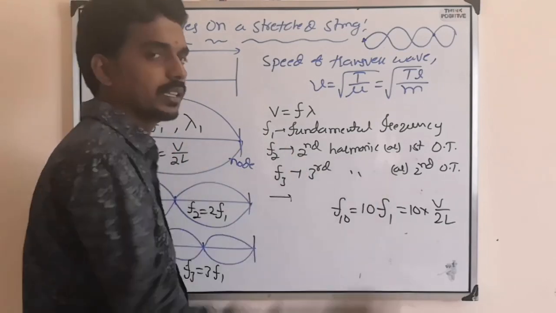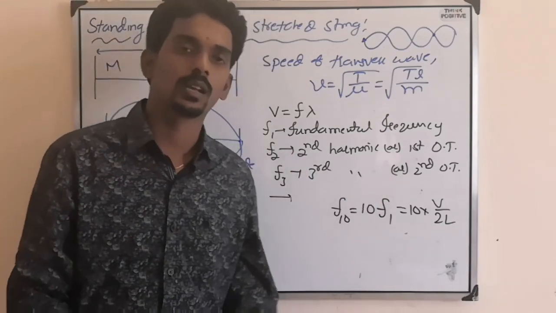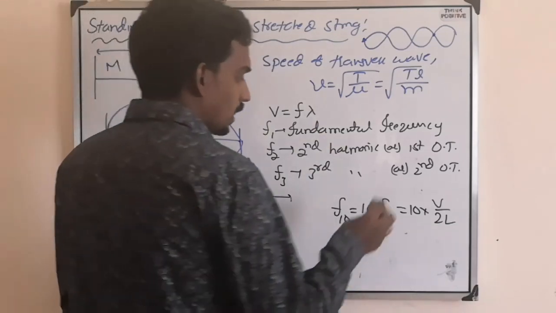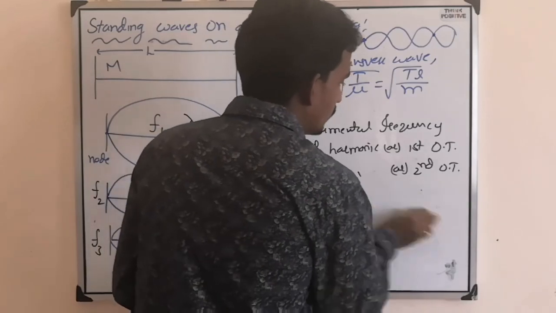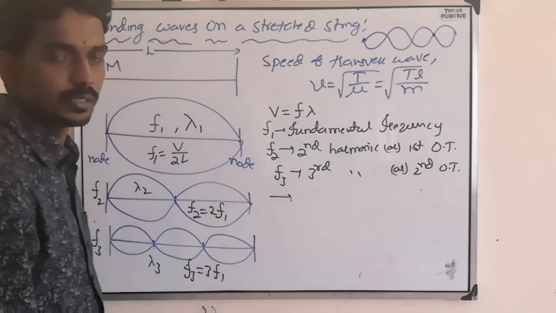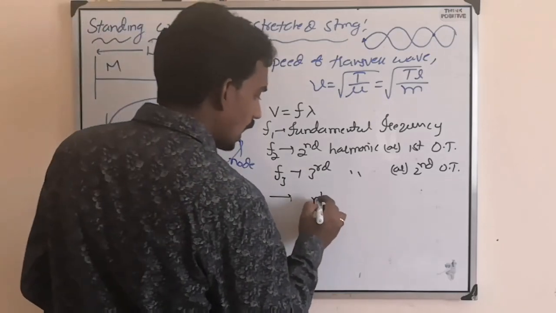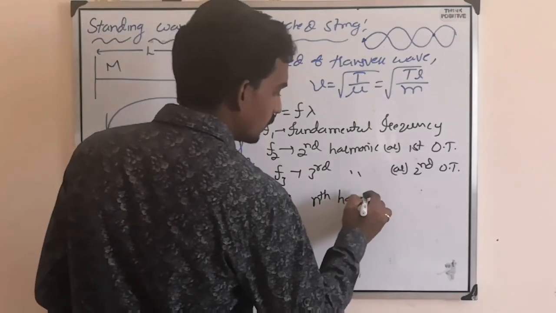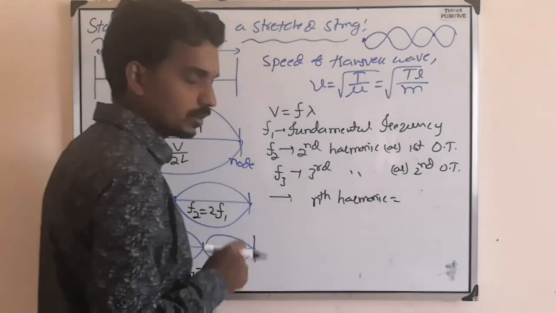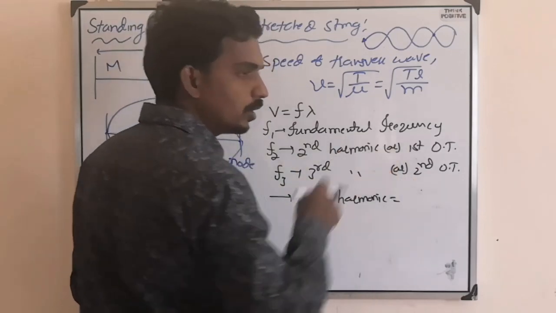They can ask anything: 10th harmonic, 7th harmonic, 100th harmonic. Similarly, sometimes they will tell you in terms of overtone. If they give the nth harmonic: second harmonic is the first overtone, third harmonic means second overtone.